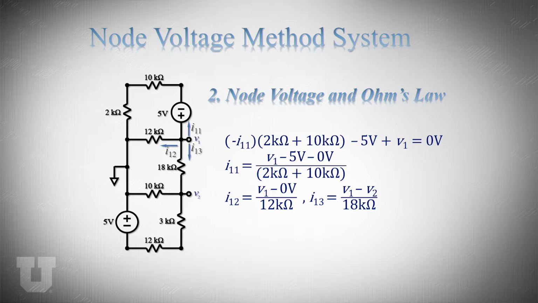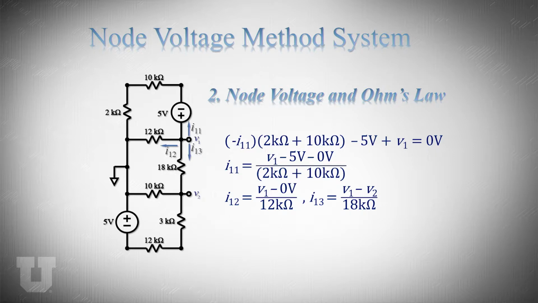That gives us I11 equal to V1 minus 5 volts divided by the summation of all the resistances in that loop. If you don't want to apply KVL, you can also consider the top right node is basically V1 minus 5 volts. So you can just write I11 is V1 minus 5 volts divided by the summation of all the resistors there, which is 10 plus 2K.